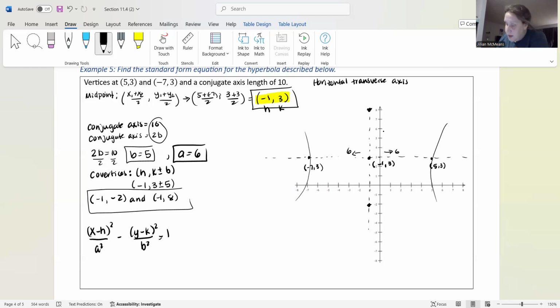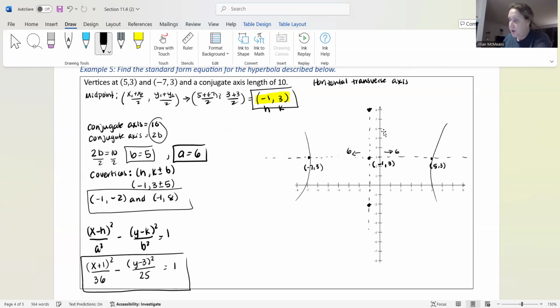So X minus -1 is going to be X plus 1 quantity squared. A is 6, we want to square that, so that's 36. We want to subtract Y minus 3 squared all over B squared, which is 5, so 25, equals 1. So that is the equation that we're looking for.